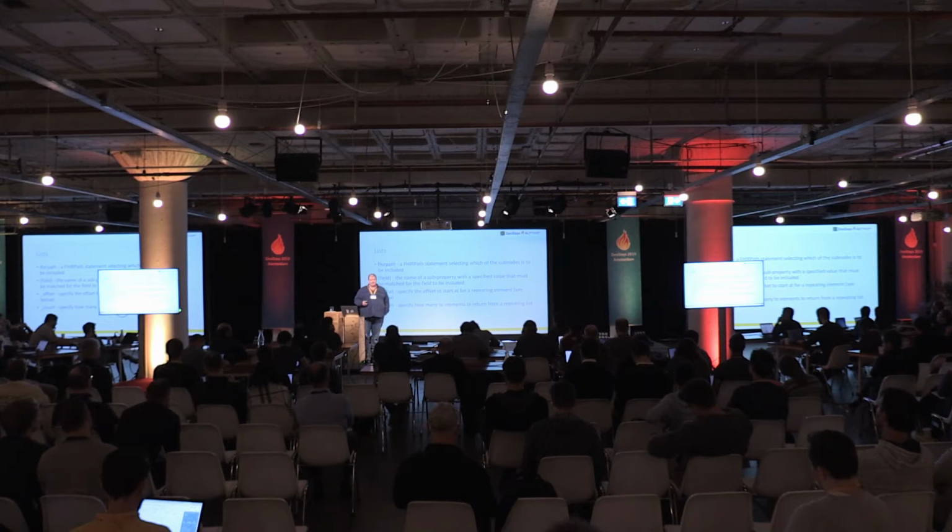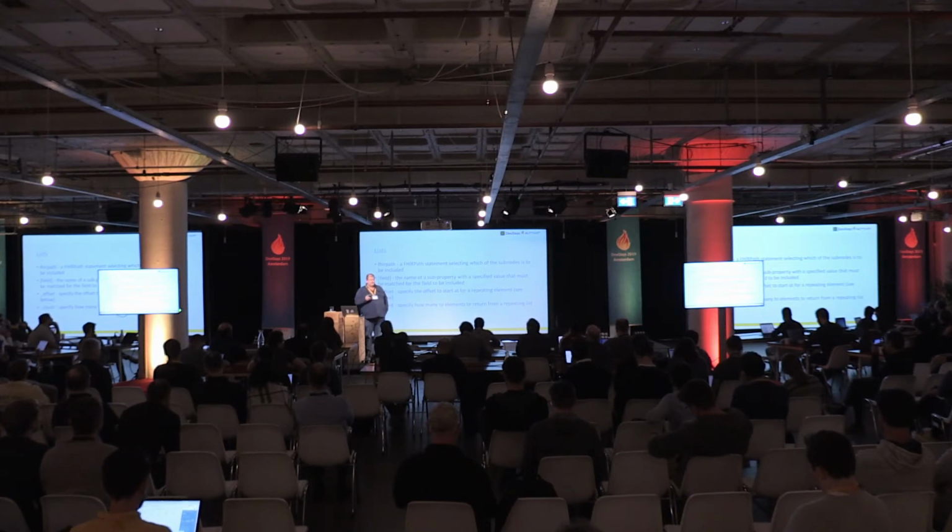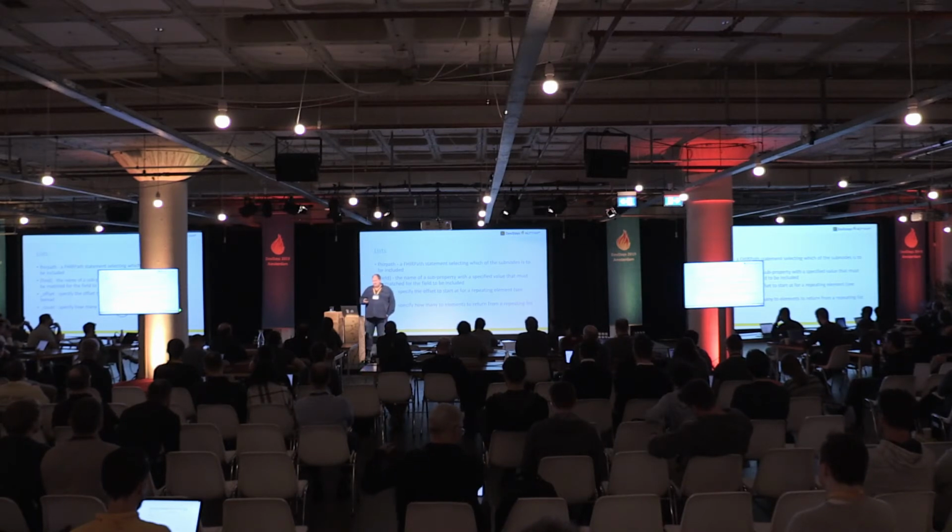Now, when you're running into an array, I'm only interested in some properties of the array. And there's a number of things you can do when you run into a list. You can say, I'm going to write a FHIR path statement that selects which of the subnodes is to be included, or you can name a field that has to have a value, or you can do it by offset and count.